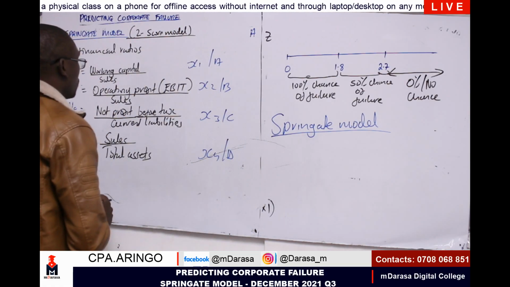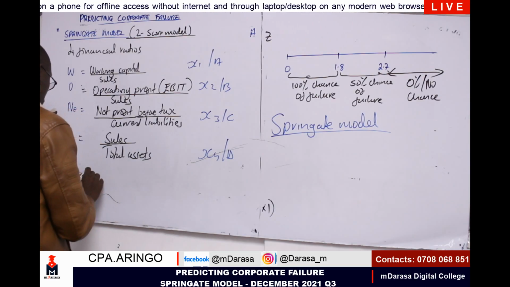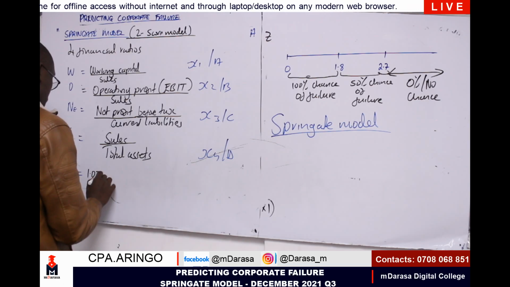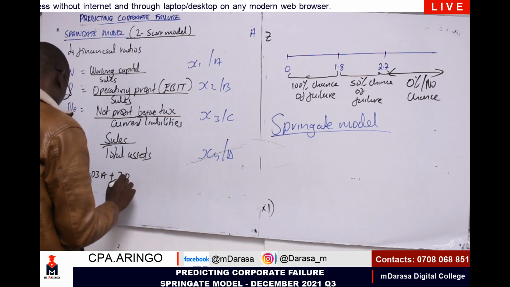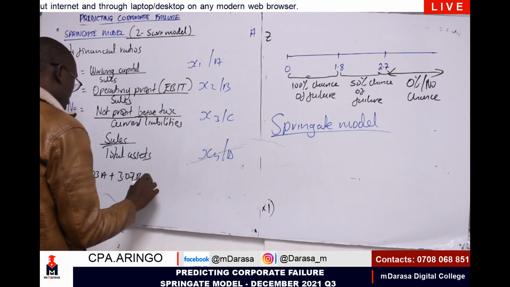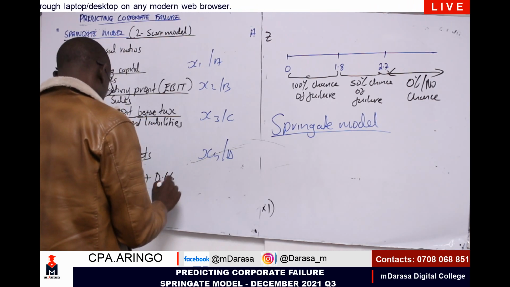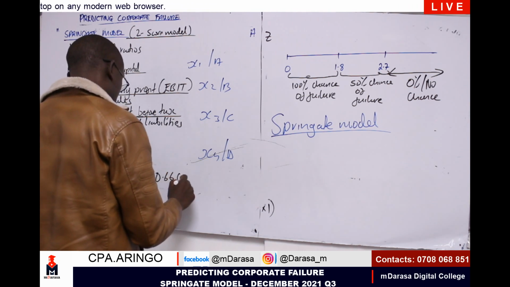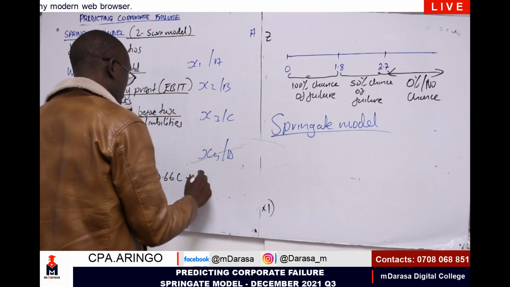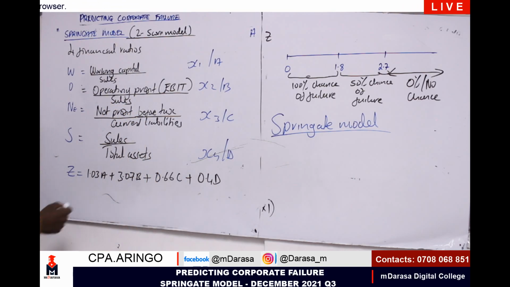So we have Z equals 1.03A, we add 3.07B, we add 0.66C, and finally we take 0.4D. So these are the Springate model.